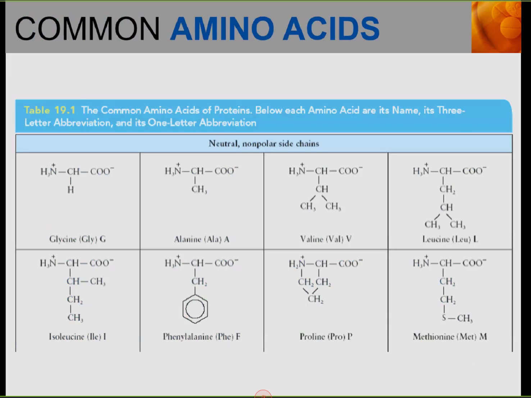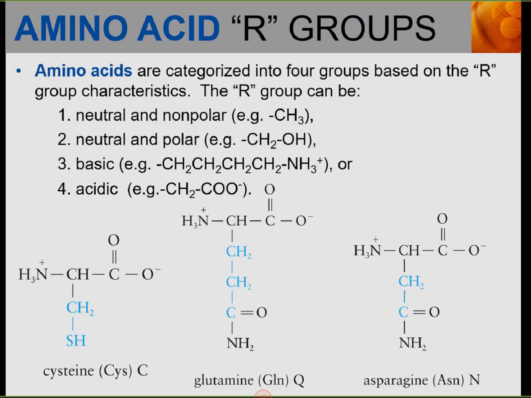Leucine has a 4-carbon chain. It's an isobutyl chain, and so forth. So again, you don't have to memorize these, but you have to recognize these as a nonpolar, neutral side chain. So then let's go back to the list.